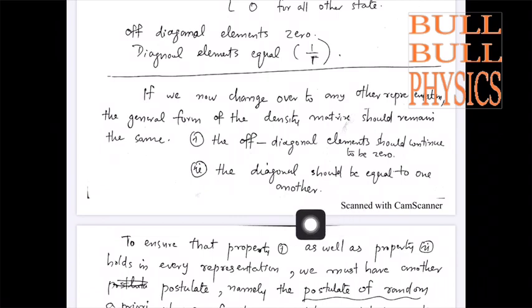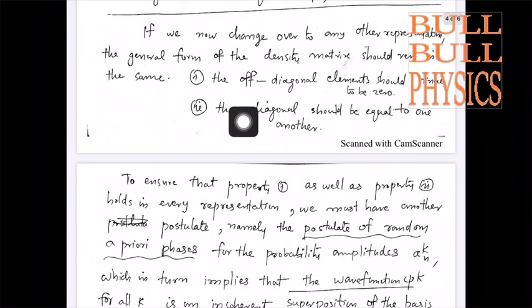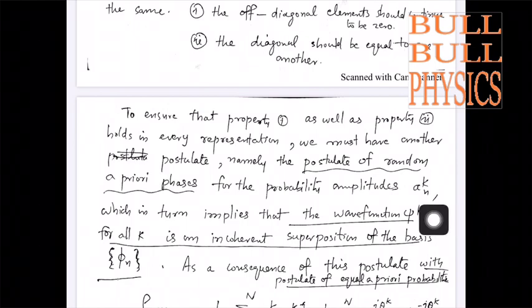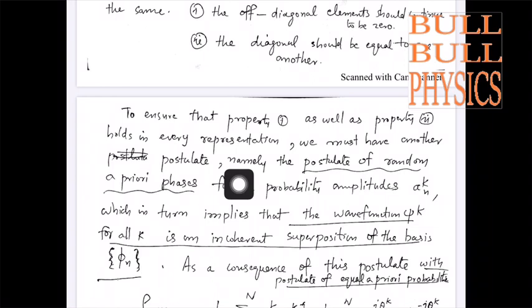To ensure that property 1 and property 2 are satisfied, so that the general form of the density matrix remains the same in any representation, we must have another postulate. We already have seen the equal a priori postulate, but we need another postulate here.